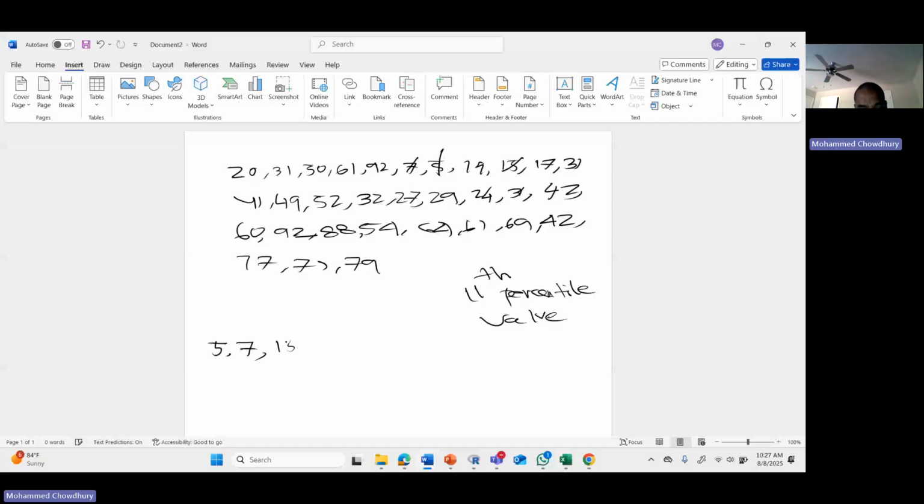So to arrange the data in ascending order, I put 5 first, then 7. After 7, I go to 15, then 17, then 19, then 20.